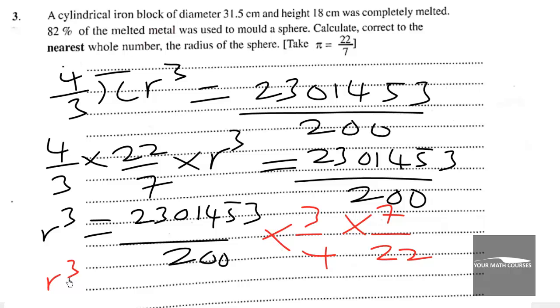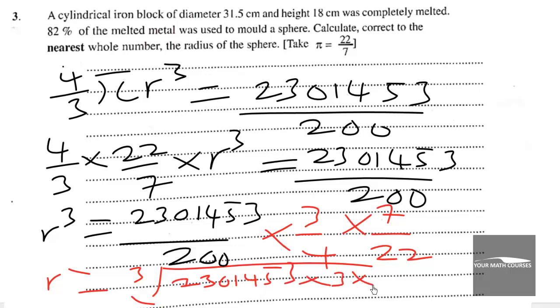So r will be equal to the cube root of whatever is here: 2301453 times 3 times 7 all over 200 times 4 times 22.